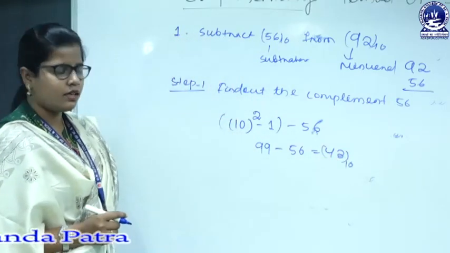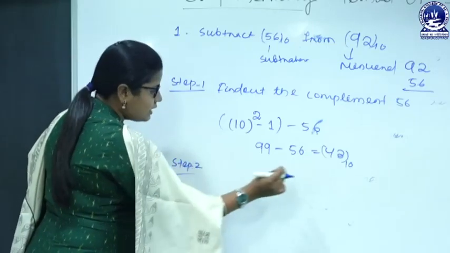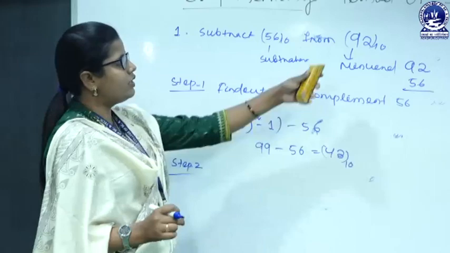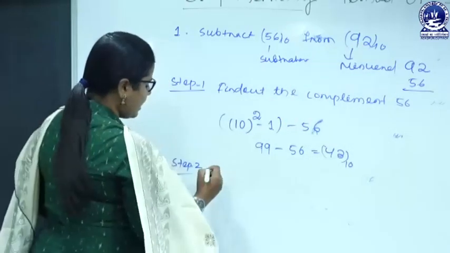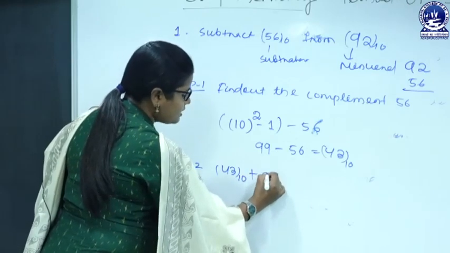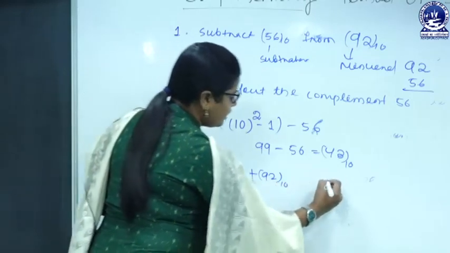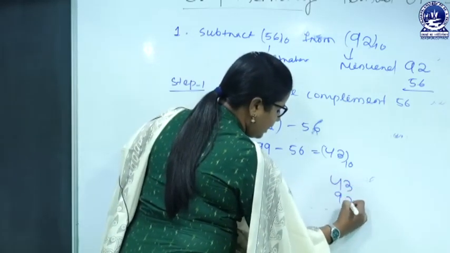43 base 10. Next, in step 2, we need to add this result with the minuend. So that is 43 base 10 plus 92 base 10. What will be the result? Here are 43 and 92.